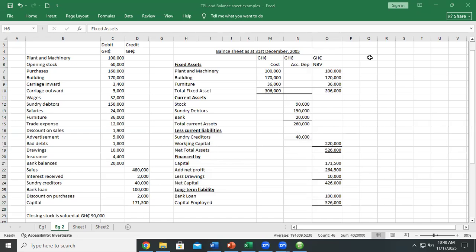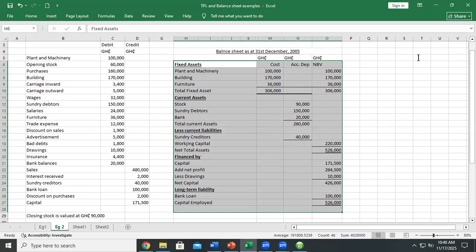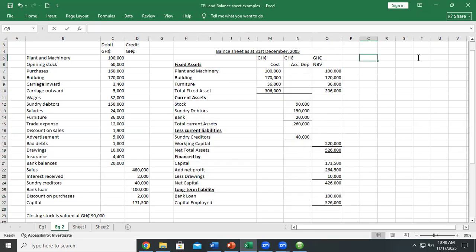But what happens is that, let me show it here. Some people do it this way. Let me take a pen. Some people go the horizontal method. That's the T account type, but the balance sheet is not an account. Know that the balance sheet is not an account. It doesn't have a debit side or a credit side.